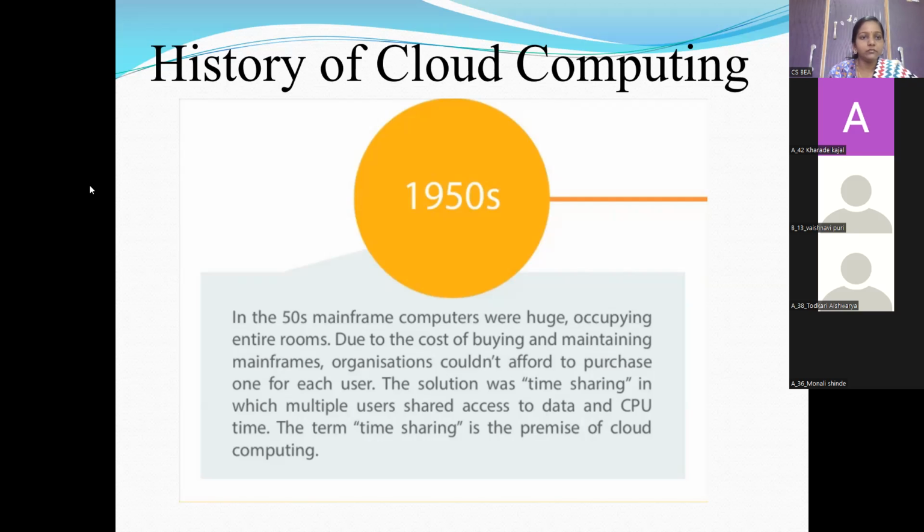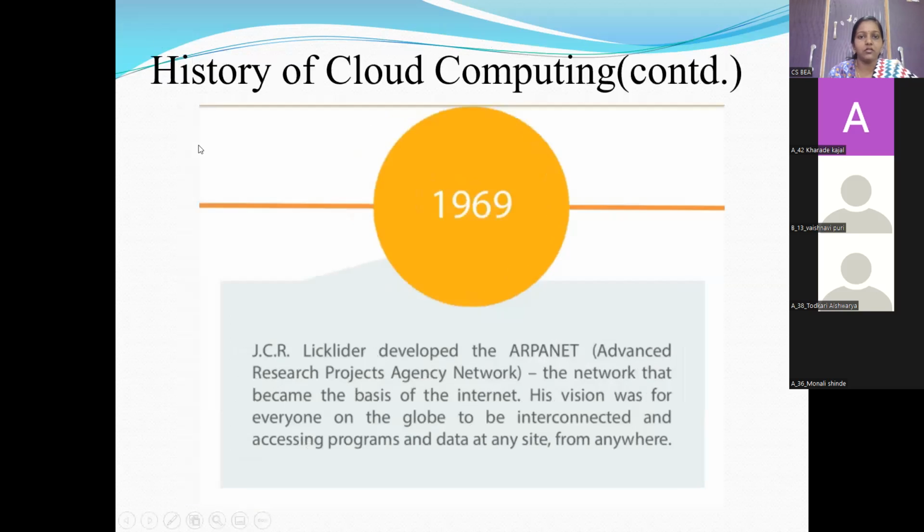Then in the year 1969, Mr. J.C.R. Licklider developed the ARPANET. We have seen this particular term already in the subjects data communication and computer networks also.